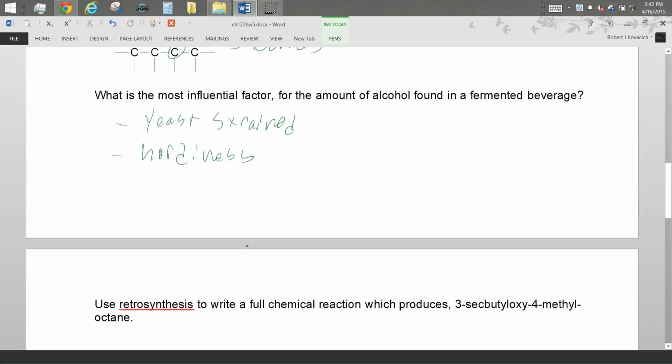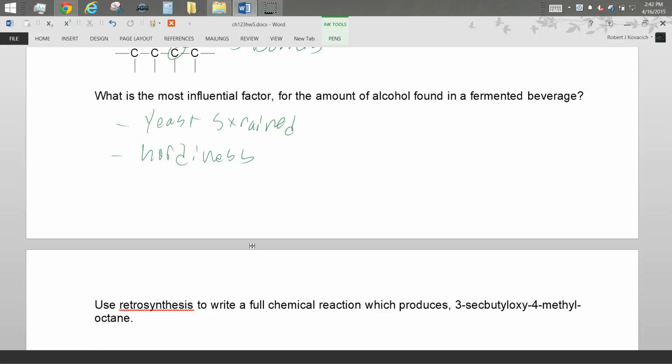Is that always the case? Is one wine more alcoholic than another wine because of the yeast? Or is there a possibility of another factor? Doesn't matter how long they've been sitting around. Running out of sugar. Nah, it won't be an issue. That'll just be if it's dry or not.